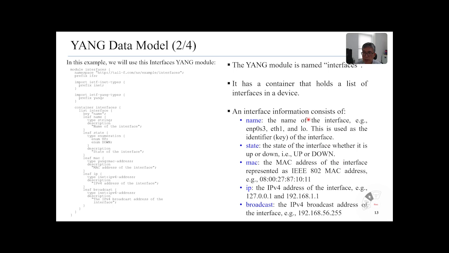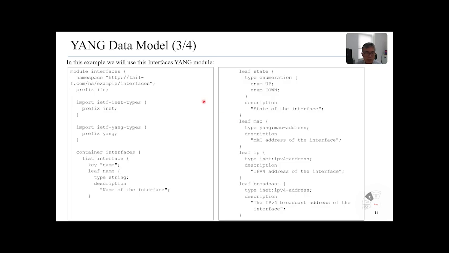So this figure shows the previous example. We can zoom in. This is the head part, and the import, and this is the actual definition of the container interfaces. The list interfaces means multiple interfaces can be contained in this container, and each interface has a name.